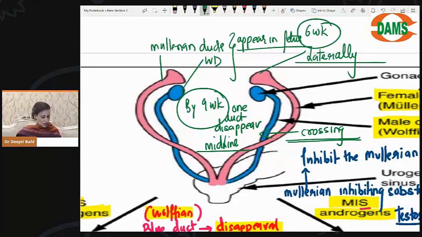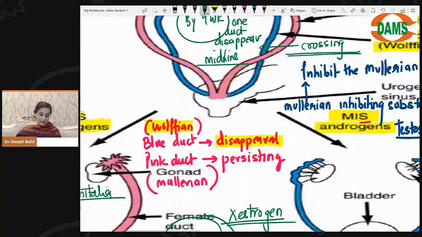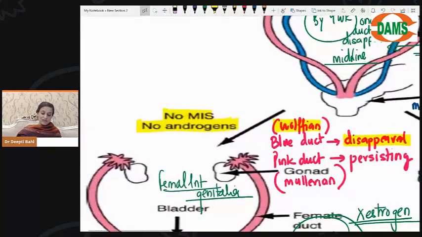Okay, so very good recall everyone. I'm glad कि आप ध्यान से सुन रहे हो, right? Very good बच्चे. So by 6 weeks they appear. By 9 weeks one of them will disappear, and by 10 weeks, MCQ.